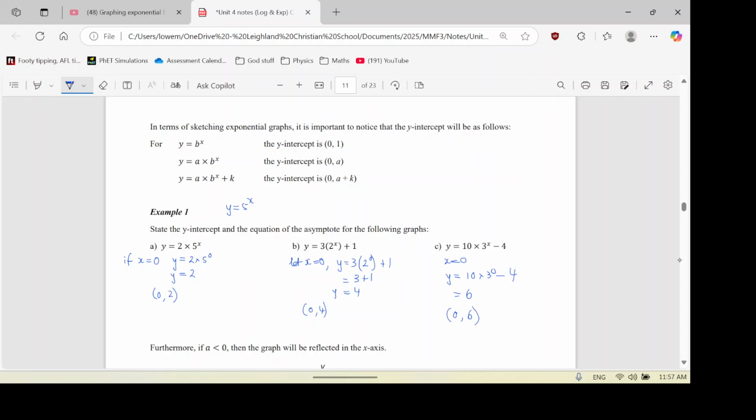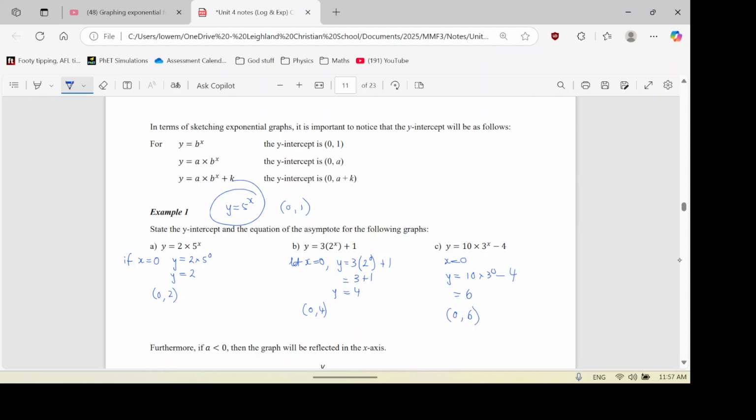We've already seen that if we have a basic function, y equals, say, 5 to the power of x, then the y-intercept is going to be at 0, 1, because when x is equal to 0, y is equal to 5 to the power of 0, which is 1. But here we've got some transformations occurring. Here we've just got a dilation factor of 2, and so the y-intercept will be 2 times 5 to the power of 0, or 2 times 1, which is 2.